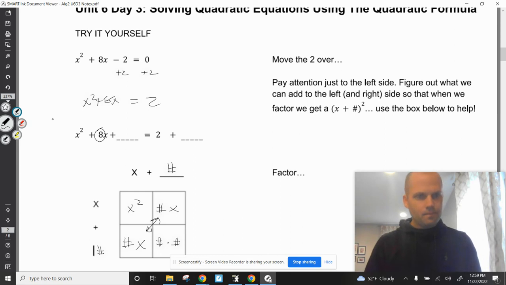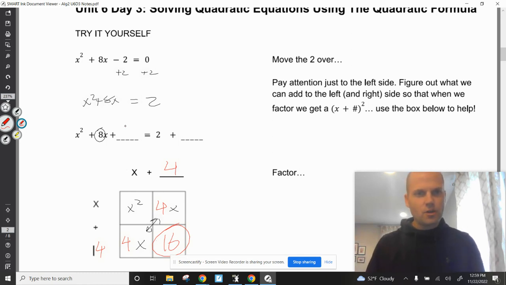4. Okay? So 4 and 4, if I use that 4 twice, I'm going to get x plus 4 squared, which is x squared plus 8x, but plus 16. Okay, I want this number to be 16.